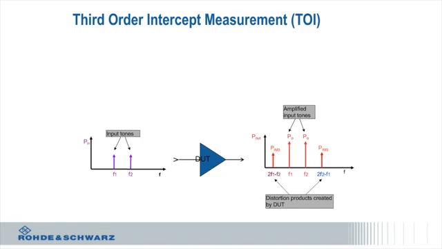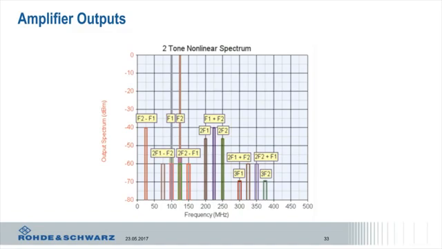Okay? So if you look at the output, again, in the frequency domain, the spectrum of an amplifier, I have two signals, F1 and F2, and you get those two TOI terms, 2F1 minus F2, 2F2 minus F1, that are close by. Those I can't really filter out. You're also going to get an F2 minus F1. That's what this guy is here.